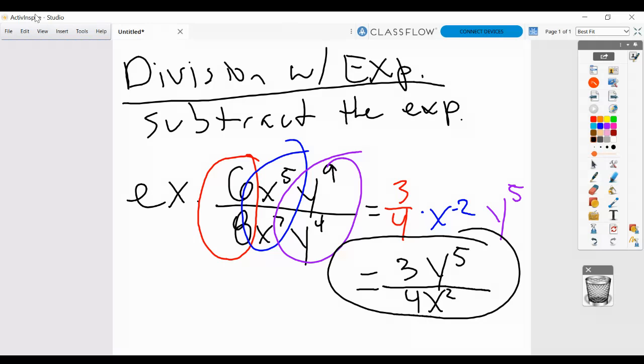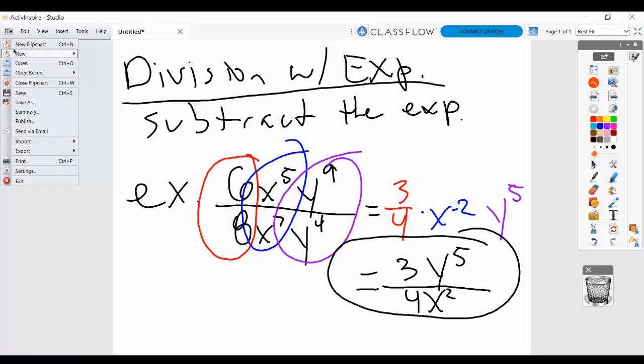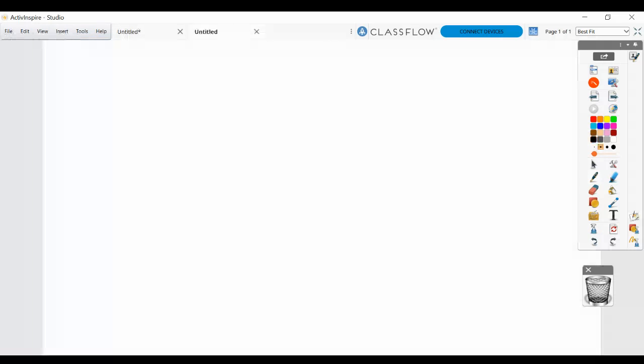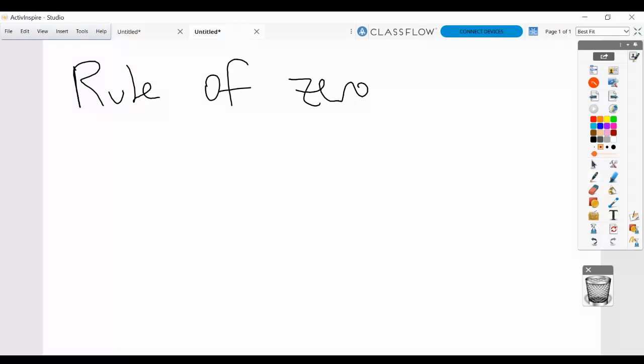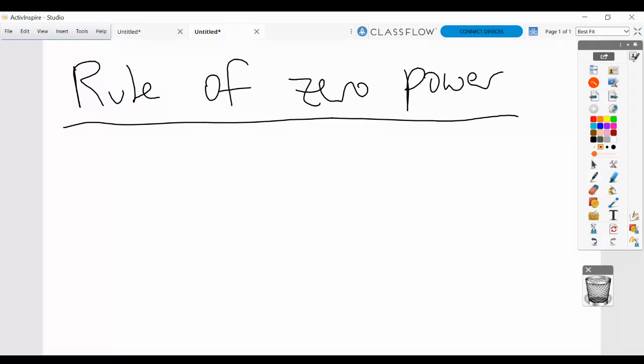The last thing that I want to show you is what we call the rule of 0 power. And how that works is anything with the exponent of 0 is always 1.